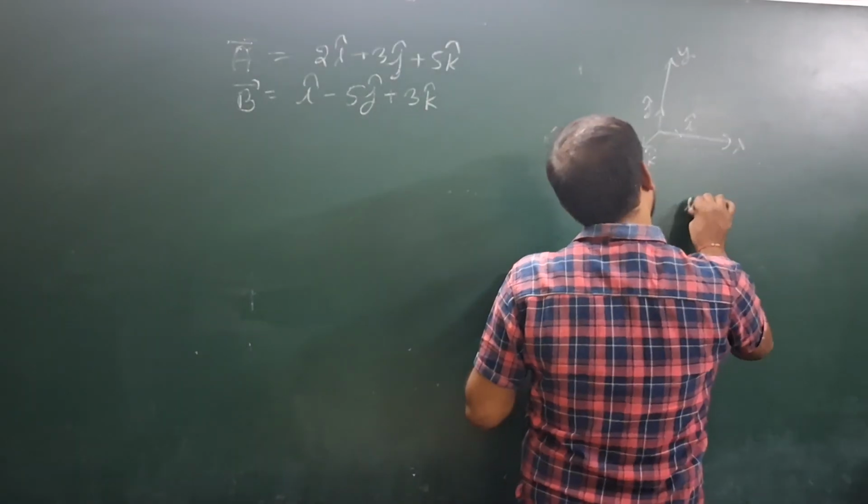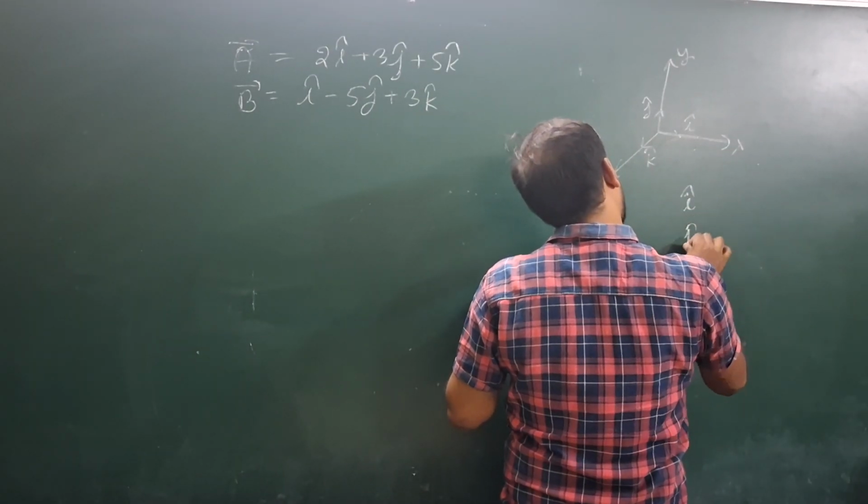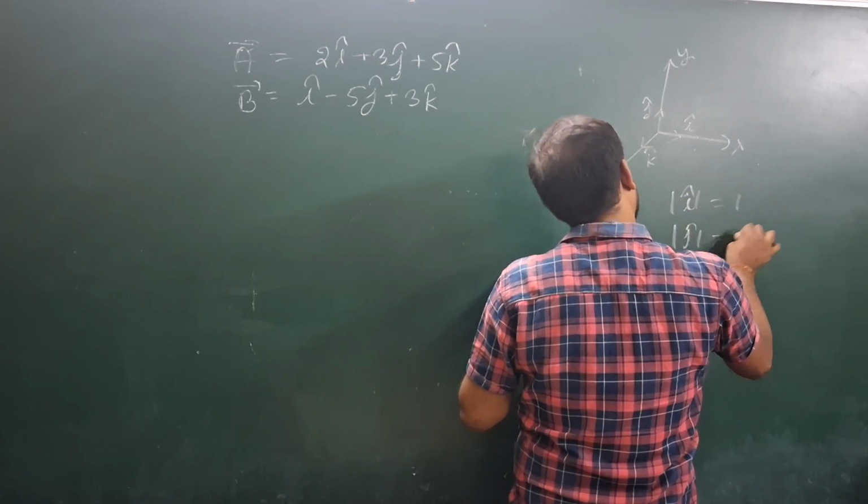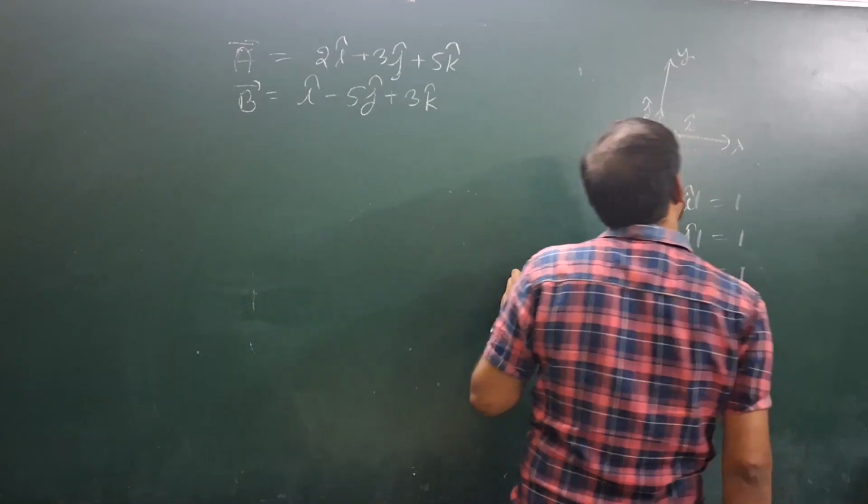The magnitude of i cap, j cap and k cap is unity, 1. This is also 1 and this is also 1.